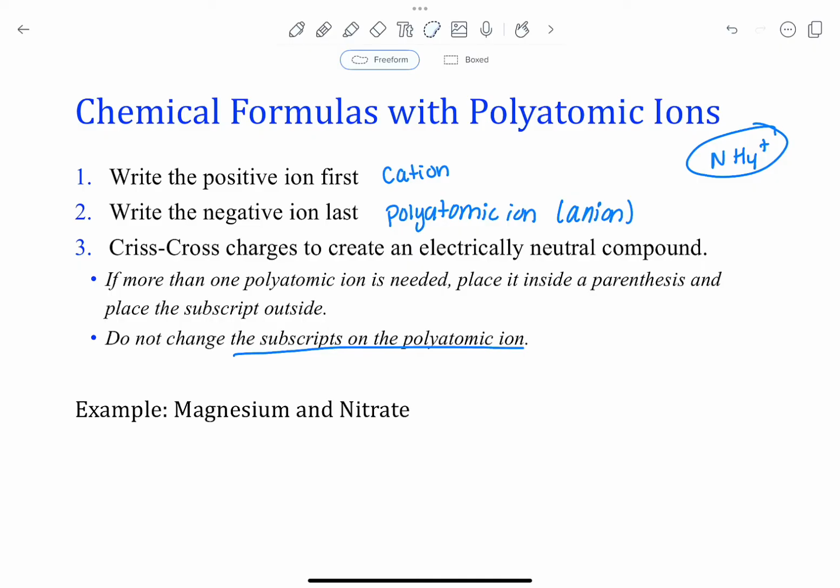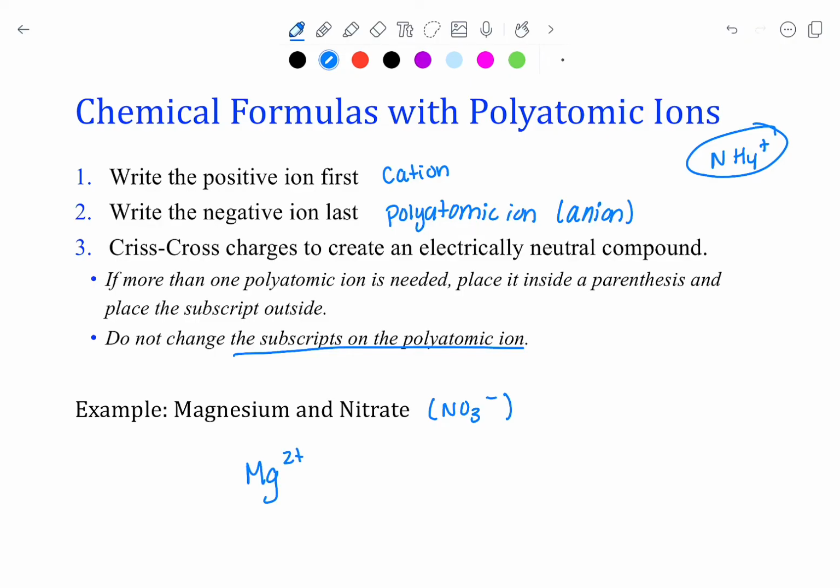So let's do the example of magnesium and nitrate. That's NO3-. We have to follow our regular ionic compound rules for writing the formula, so we need to know the charge of the magnesium. Magnesium is a main group element. It is in group 2, so it has a 2+ charge.